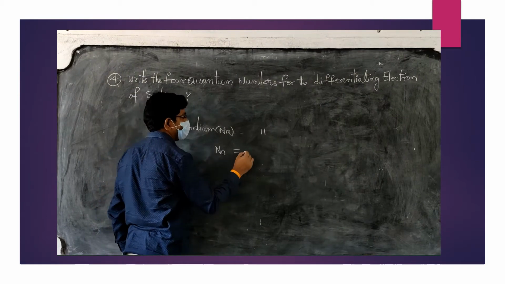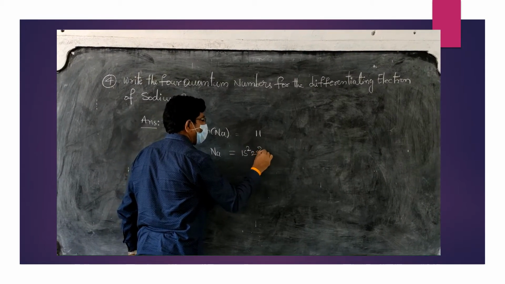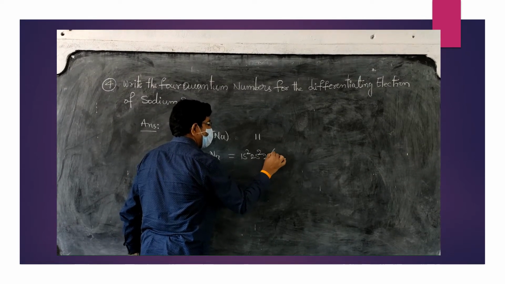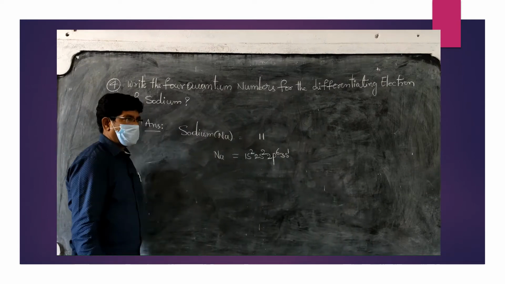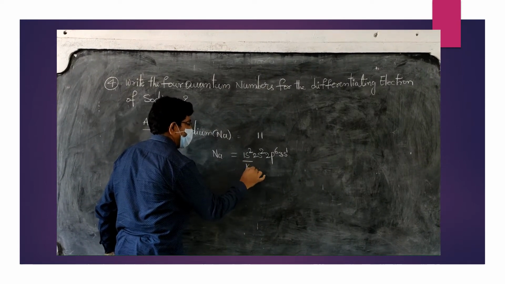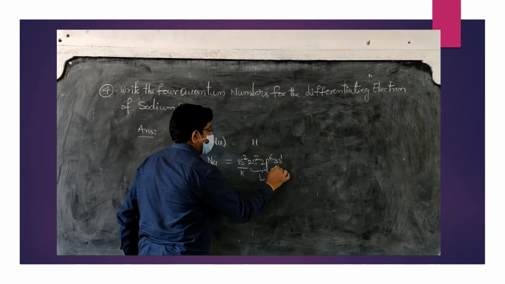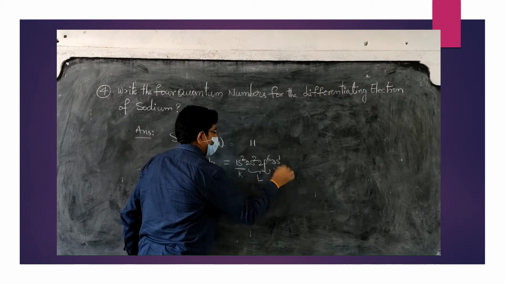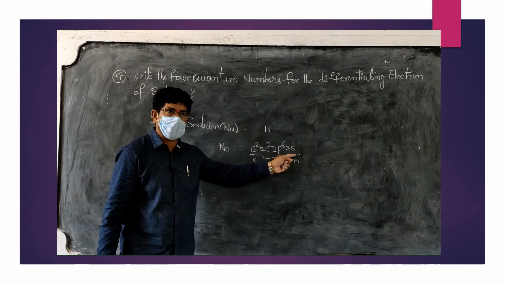Tell me. 1s2, 2s2, very good, 2p6, very good, 3s1. See, 1s2 is the first shell, K shell; 2s2, 2p6 is the L shell; and 3s1 is the M shell. So this is the differentiating electron.